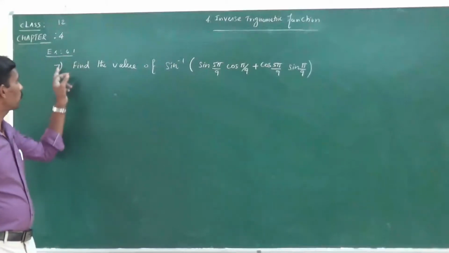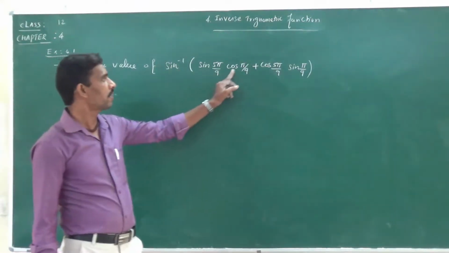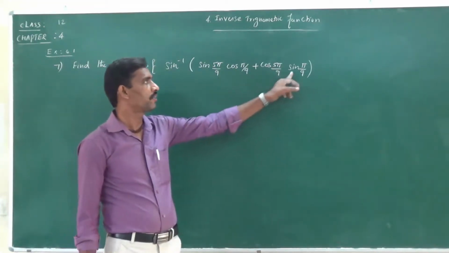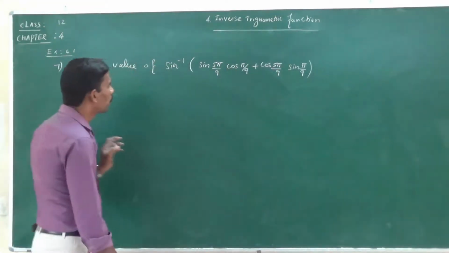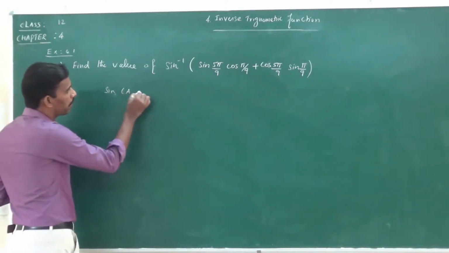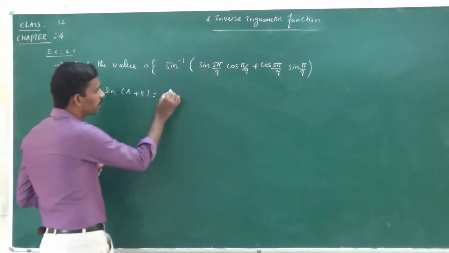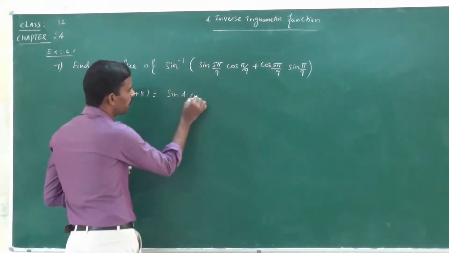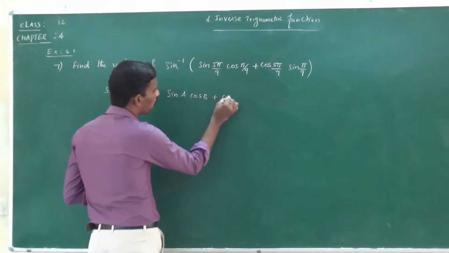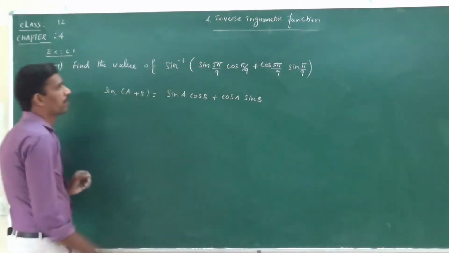This is exercise 4.1 question number 7. Find the value of sine inverse of sine 5 pi by 9 cos 5 pi by 9 plus cos 5 pi by 9 into sine 5 pi by 9. So, we know very well the formula: sine of a plus b is nothing but sine a cos b plus cos a sine b.